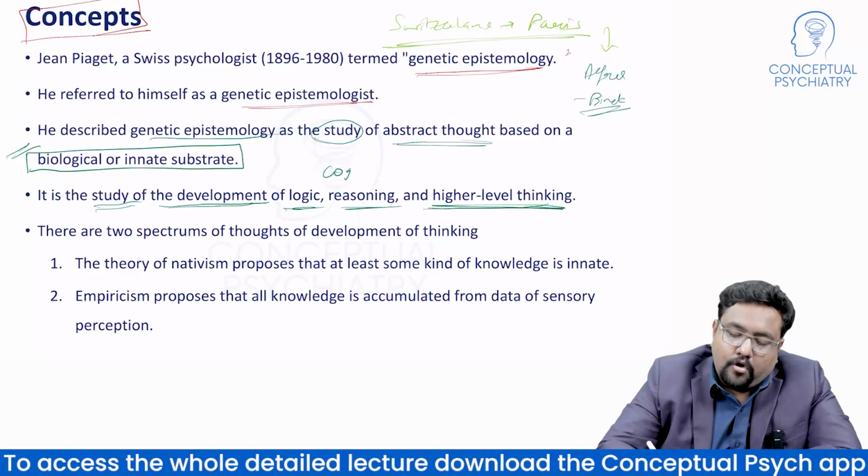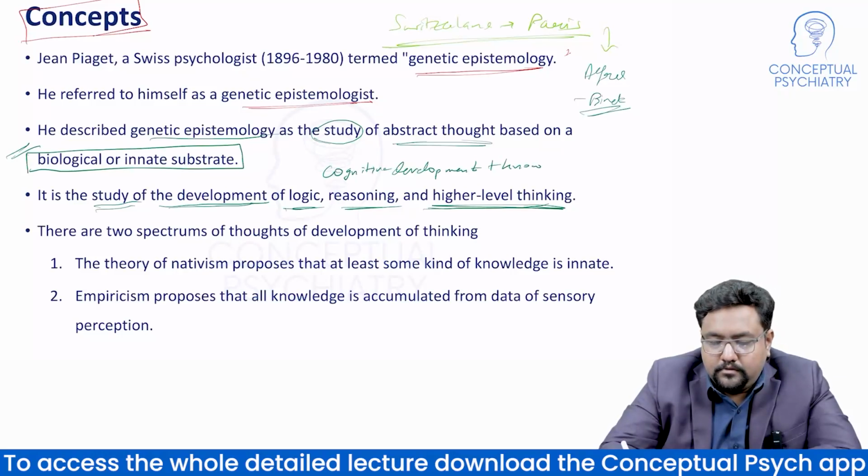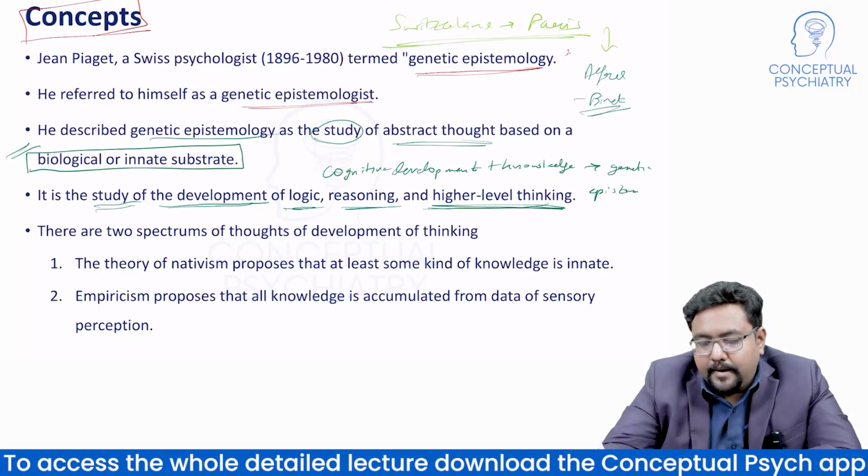So, cognitive development plus knowledge, this together is called genetic epistemology. Epistemology is nothing but the study of knowledge, right?